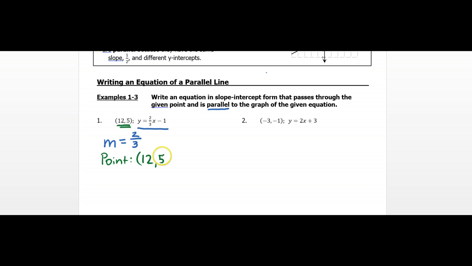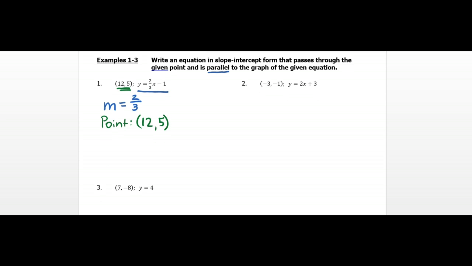Thinking back to our last lesson, if we know a point and a slope, we can write an equation in point-slope form. The point-slope form of this line would be y minus 5 equals 2/3 times the quantity x minus 12. Then looking back at the directions, they wanted us to write an equation in slope-intercept form.